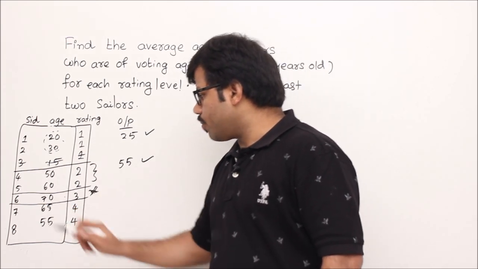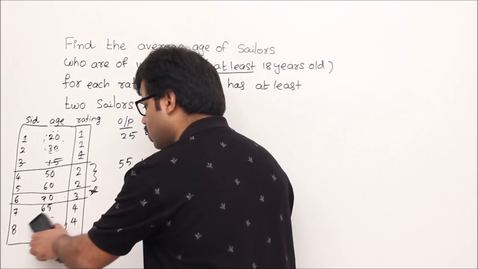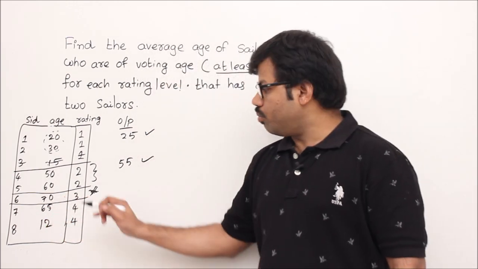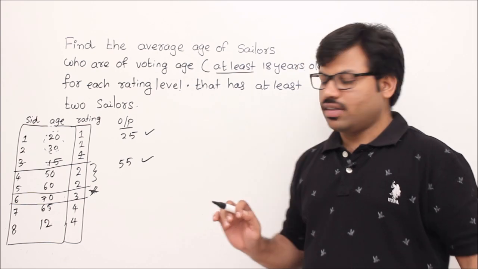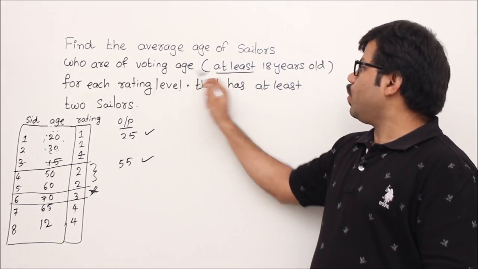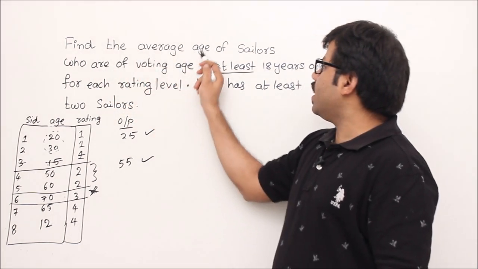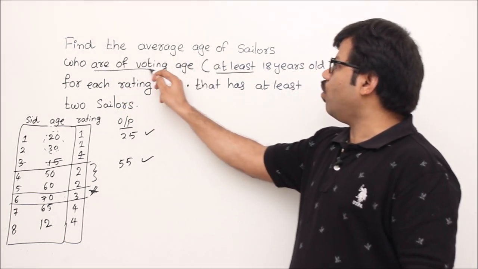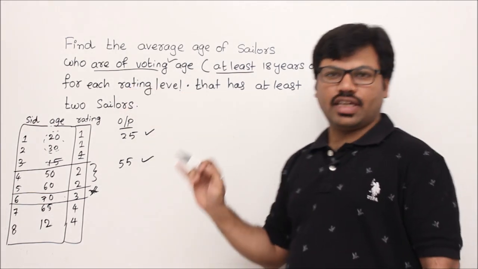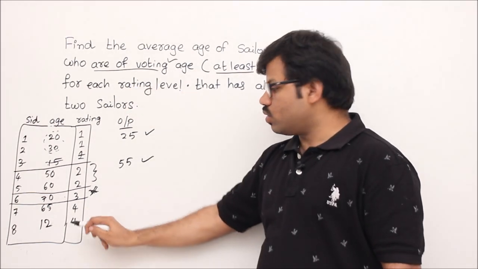Now take this group. For example, in this group there is one person whose age is 12. Now the question, should I compute average age or not? This question says that we have to compute average age for the people who have voting age, but for each rating level that has at least two sailors. So this group has at least two sailors.